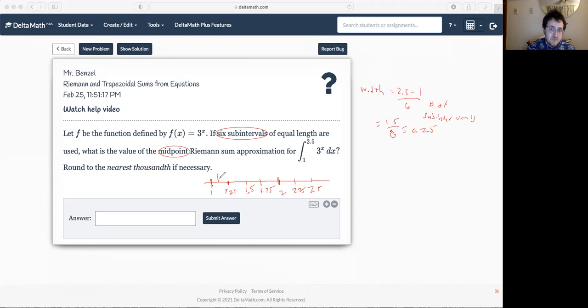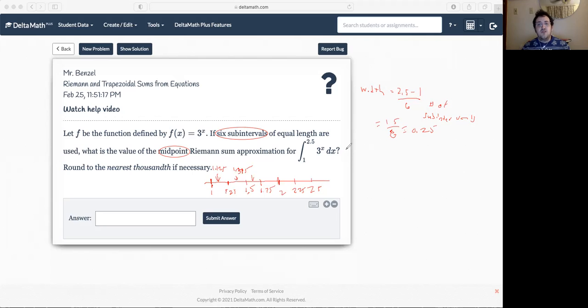Halfway in between is 1.125. This would be 1.375, and so on. So I always recommend mapping out your intervals and then starting with the midpoints each time.